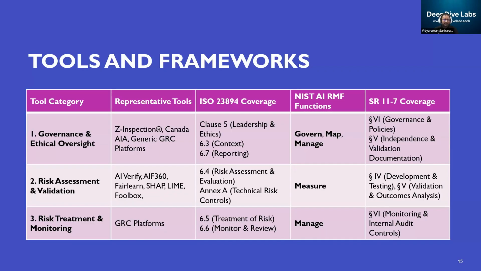Context is king, so it really depends upon what your use case is and what is the actual perceived risk as a consequence of the application of your AI scenario, or the way you are applying AI in your product.